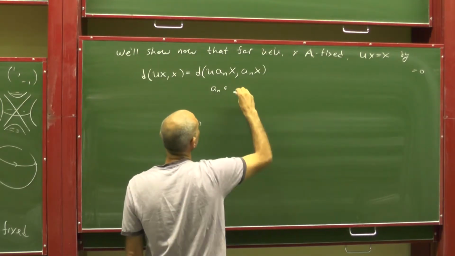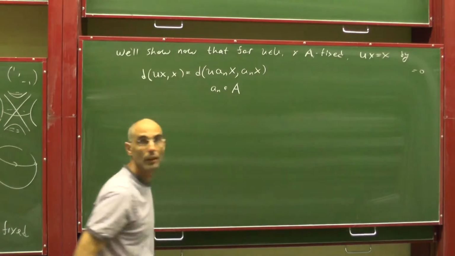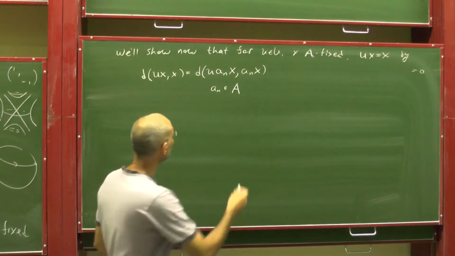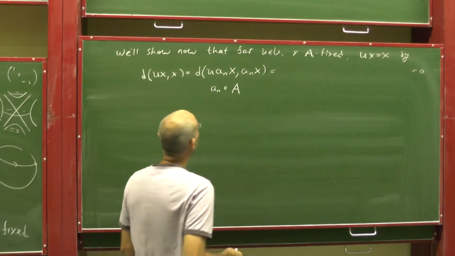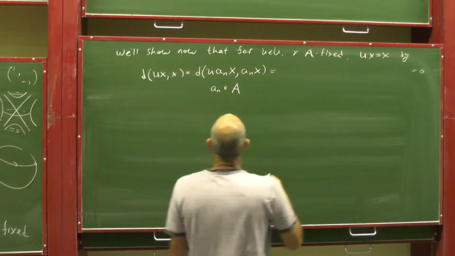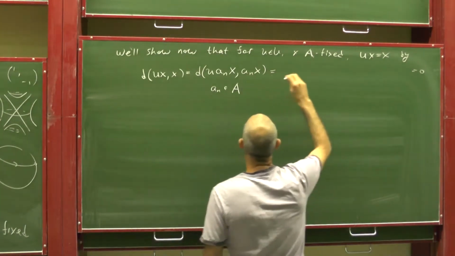It will be these guys in A. The same, a_n x is x. Now I'm using the fact that the metric is invariant. So I can apply a_n inverse.